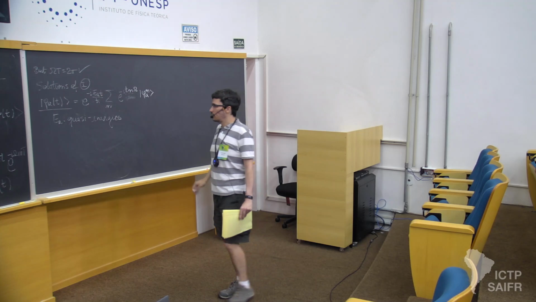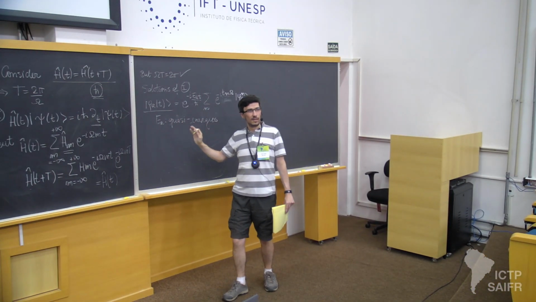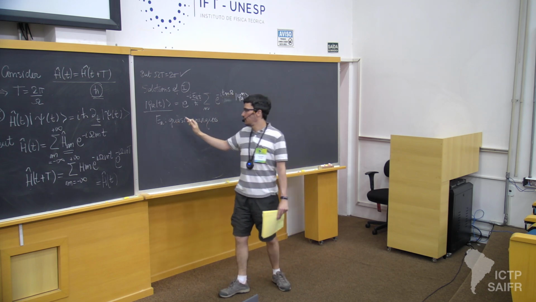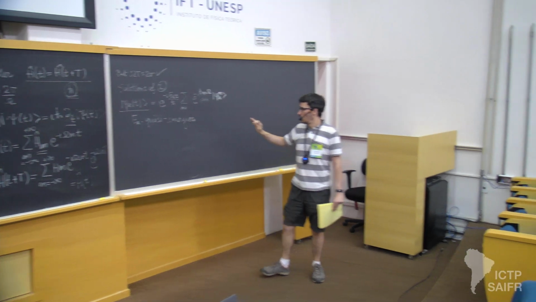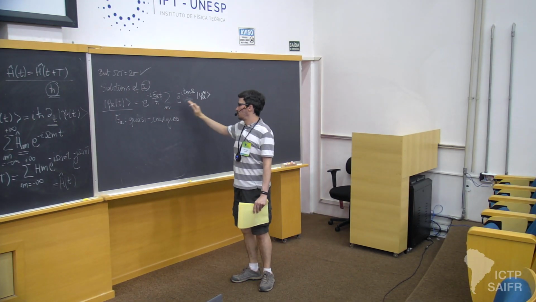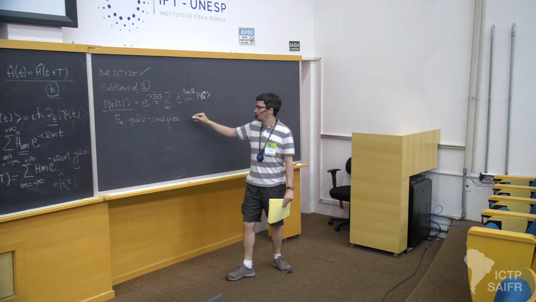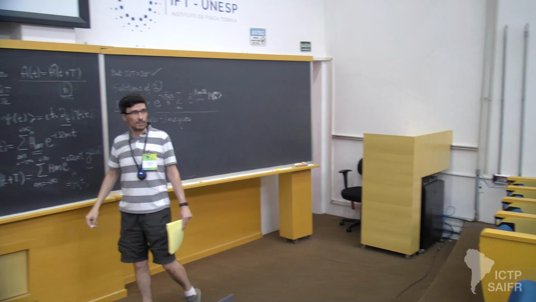We are going to talk about crystals in a minute, but this is completely similar to what you find in crystals. So this will be the analog of these Bloch wave functions, in which they have a term here that is completely periodic in time, and a phase which is not periodic in time.